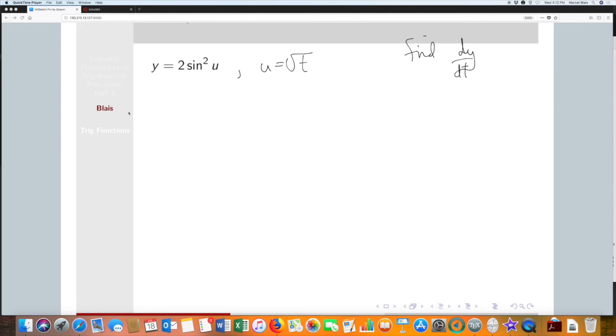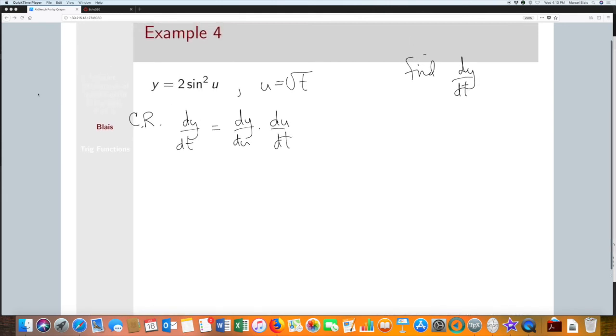Well, recall our chain rule says dy dt is dy du times du dt. And we'll want to calculate each of these and then plug in.